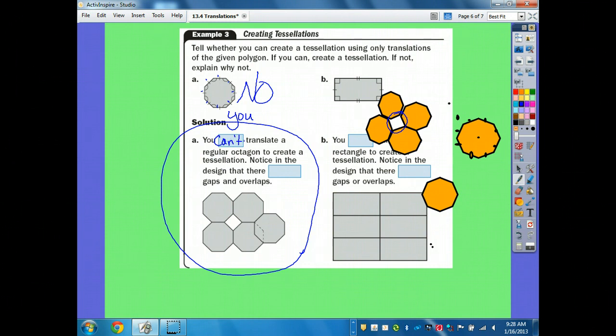Notice in the design that there are gaps, and if you wanted to, you could overlap it, but you can't overlap. That's not allowed. Let's see if I can make that one blue. Oh, look at that. See? And now if I make it smaller, mine's way better than the notes picture. And to get it to fit, we'd have to overlap.